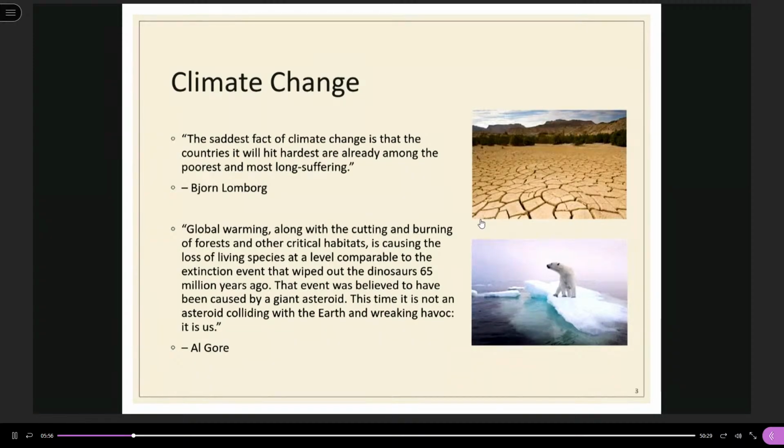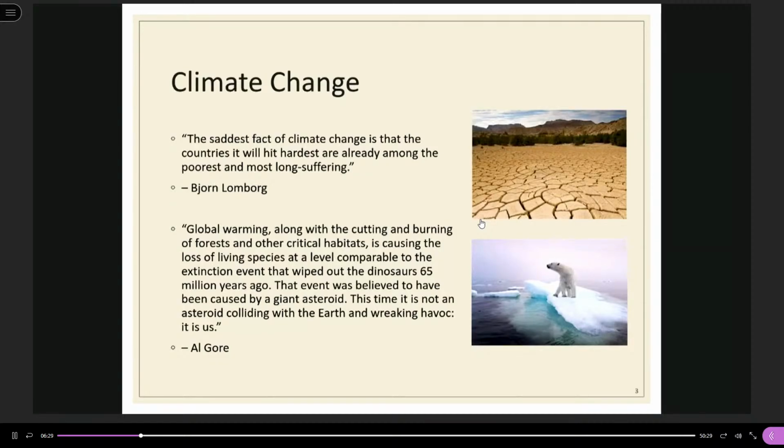For Hong Kong, we are lucky to stay away from the earthquake, the flooding, and the drought, and we are near the sea. So although the temperature is getting higher, we still have the wind from the sea. So we are already lucky in this kind of climate change.